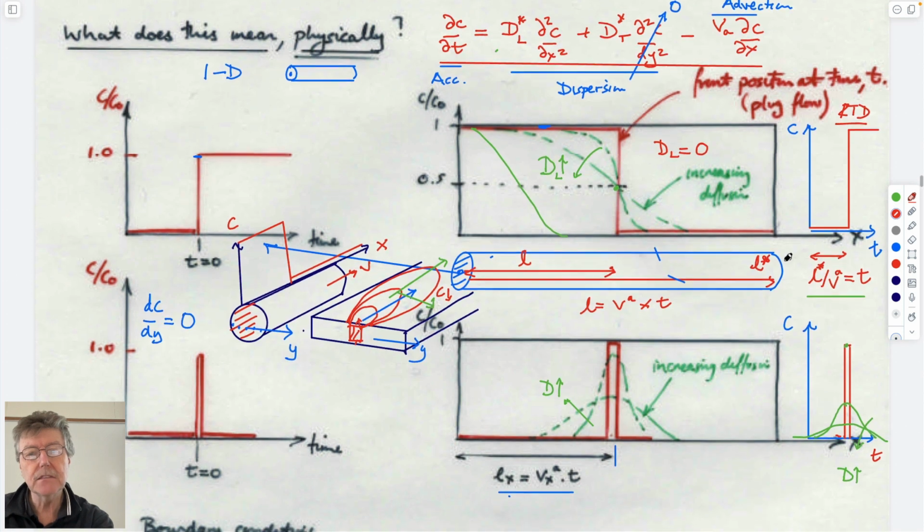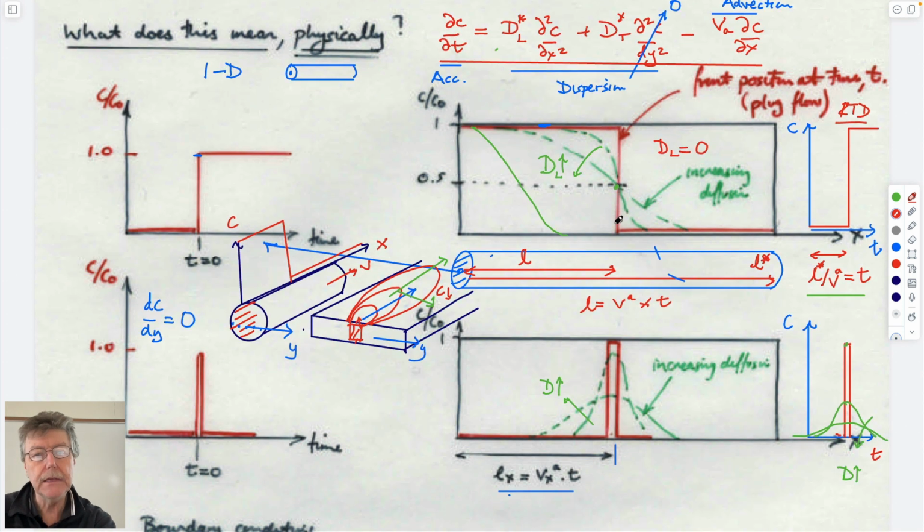And we made the case that you get plug flow if the dispersion is zero. If dispersion is larger than zero, it gets progressively canted over. And if it becomes really large compared to the advection, then it actually doesn't go through the 50% point at the time of arrival.